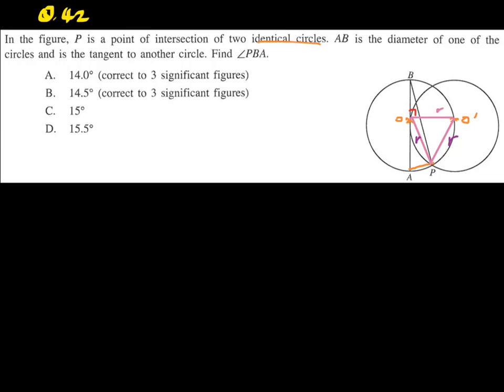Also note that because AB is a tangent, the angle from the tangent to the center is perpendicular: tangent perpendicular to radius. So we have a 90 degree angle. In here then, we now know these angles will all be 60 degrees.